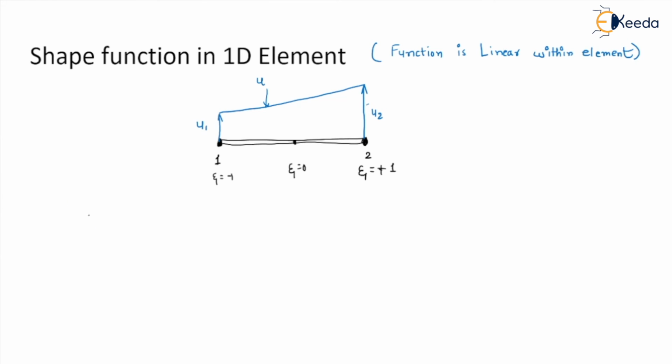Now let's denote it, we can have two shape functions. First shape function is n1, let's say, and the second shape function will be n2.